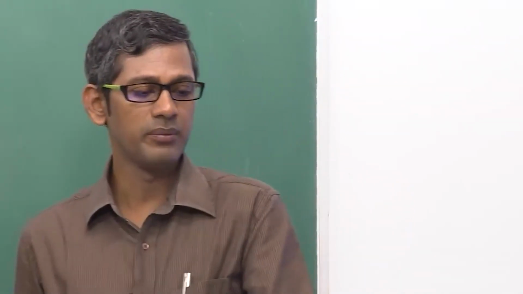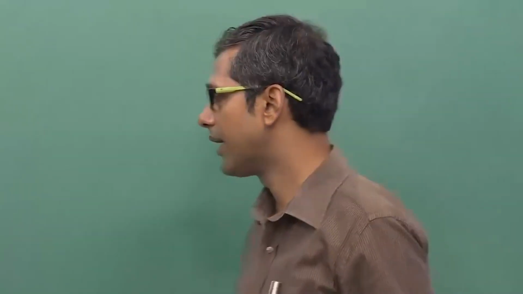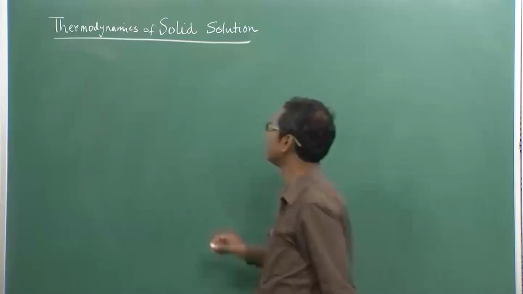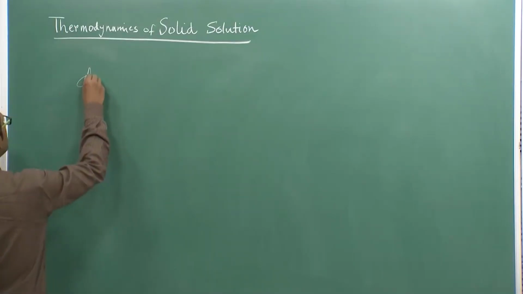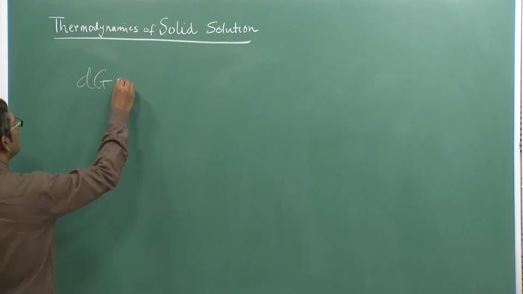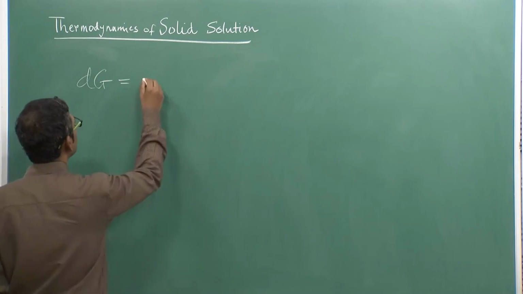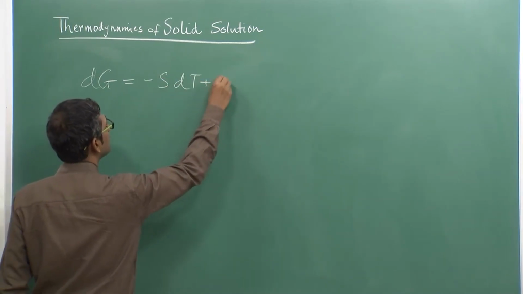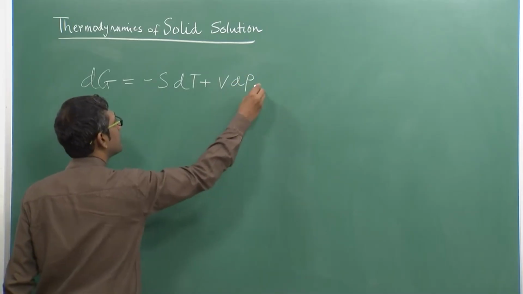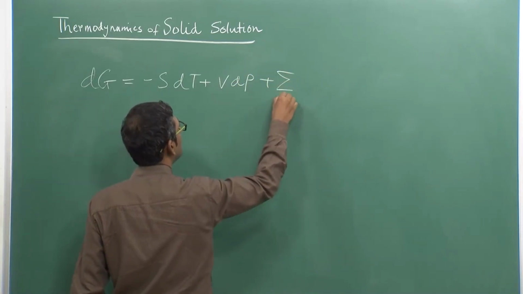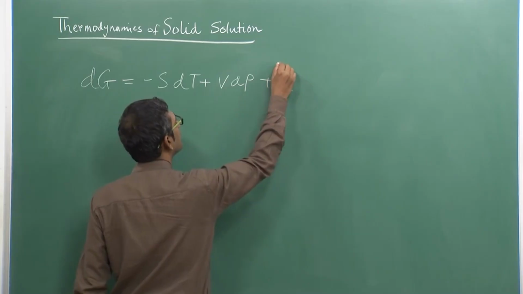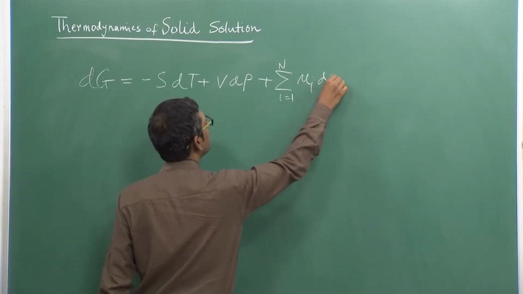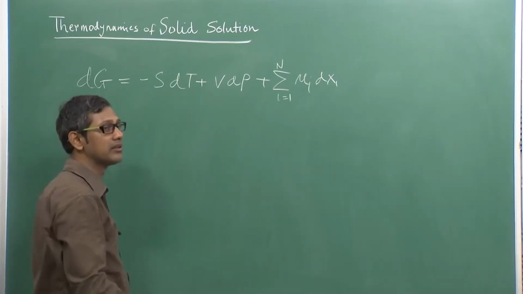Before that, let me tell you about a few important aspects I discussed with you. One, which is of paramount importance, is that the free energy change for a solution is in general given by dG equal to -S dT plus V dP plus the summation of the chemical free energies of the system.